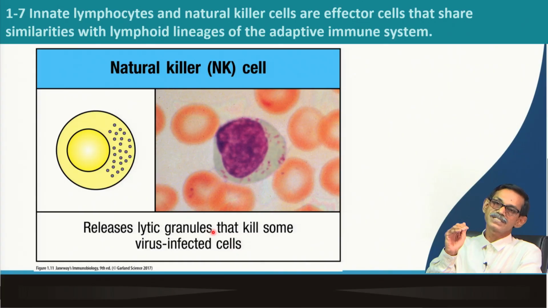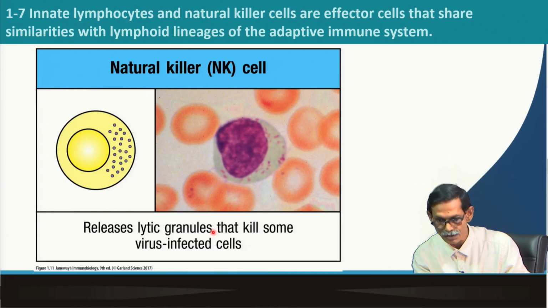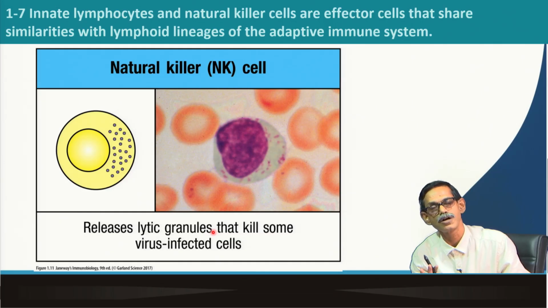Any cells converted to tumor cells or virus-infected cells are recognized by these natural killer cells, and they kill them. So, this is more or less the components of innate immunity. Inflammation is a part of innate immunity, but it also leads to the initiation of the adaptive immune response.